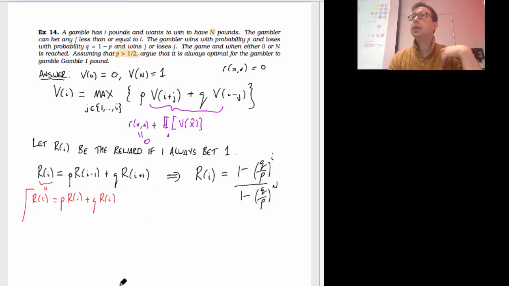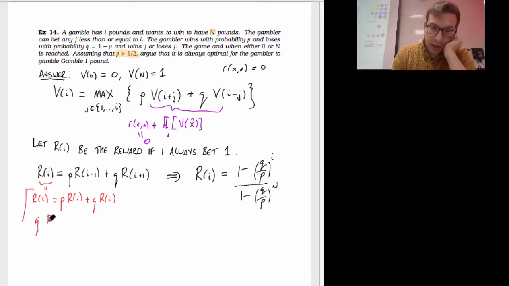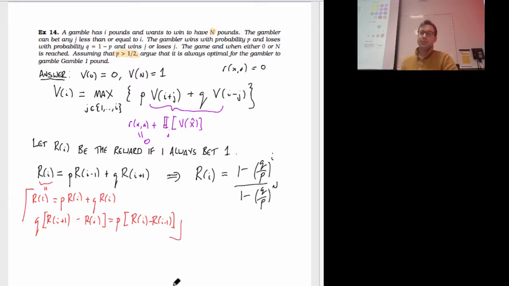And then I can collect the two sides together. Then I get that Q times (R of I plus 1 minus R of I) is equal to P times (R of I minus R of I minus 1).